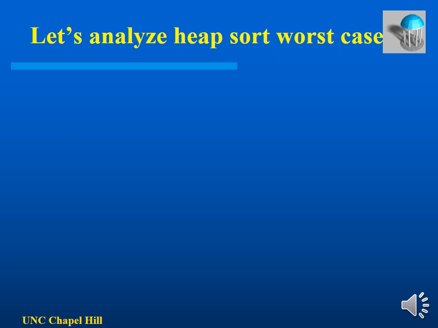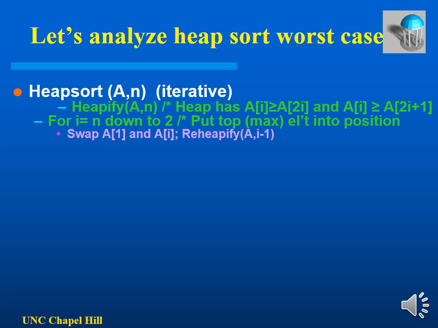Okay, so we're now ready to think about analyzing heap sort's worst case. In order to do so, we have to first analyze heapify, and then we'll have to analyze the loop. We'll begin, however, by analyzing heapify.